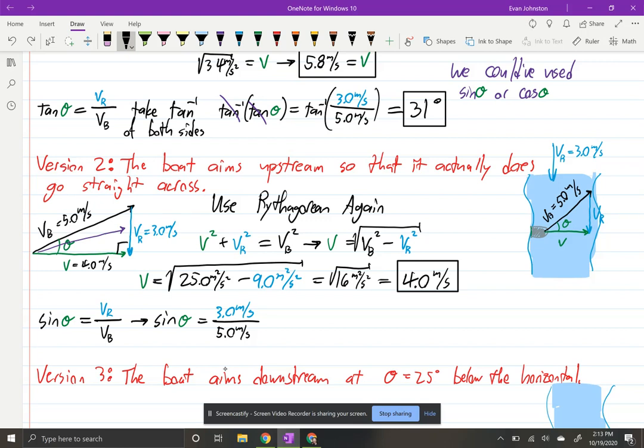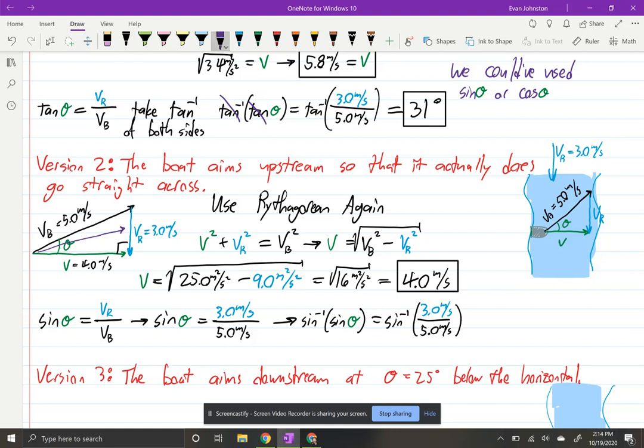So if I use inverse sine on both sides, well, I'll have the inverse sine of sine of this angle is equal to inverse sine of my 3.0 meters per second over my 5.0 meters per second.